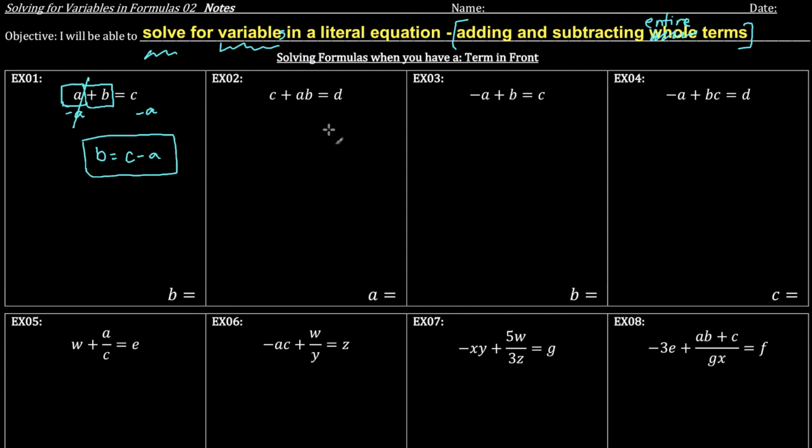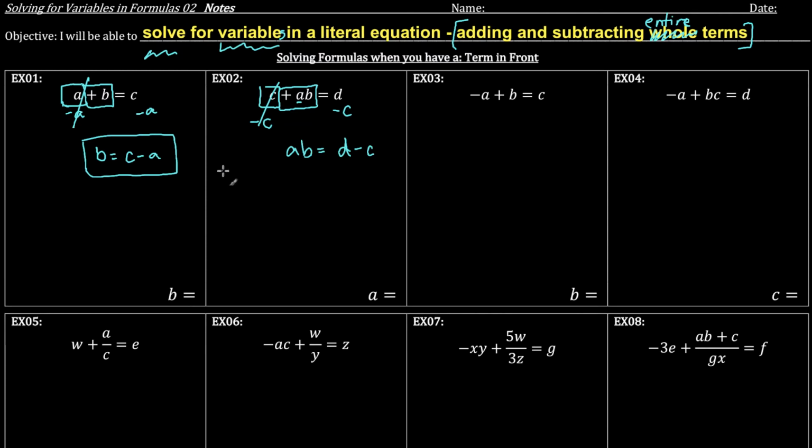All right. Let's look at this next one. In this problem, we're trying to find a. We start off with c plus ab equals d. We can't really work backwards until we get rid of the c. Your goal today is to get rid of everything that's not in this group. So we do minus c, and we get ab equals d minus c.